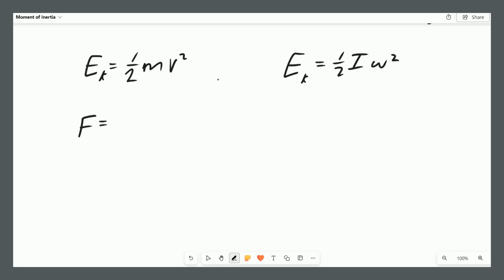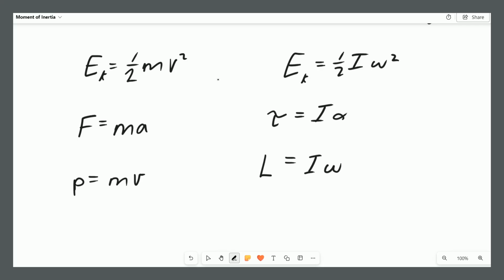Our force is equal to mass times acceleration, and our torque, if we want equations describing angular motion, is our moment of inertia multiplied by angular acceleration. Our momentum is mass times velocity, and if we want to focus on angular motion, our angular momentum is our moment of inertia times angular velocity.